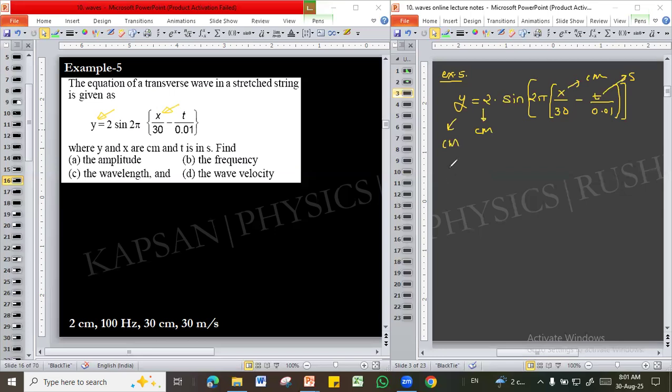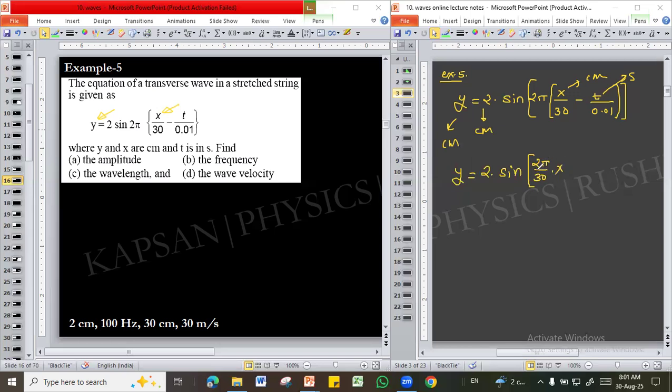Step 1. Arrange the equation into standard format. So write down y is equal to A sin(omega t plus or minus kx) or (kx plus or minus omega t). Don't take anything common. Here they have taken this 2 pi common. We want kx and omega t format. So step 1 is take this 2 pi inside. What you will get? 2 pi upon 30 into x.